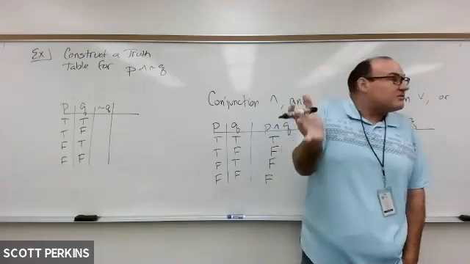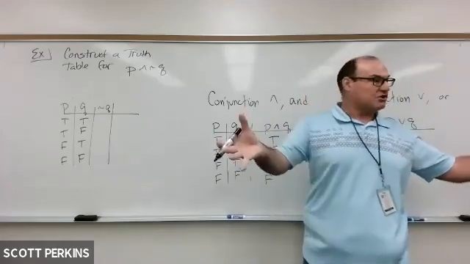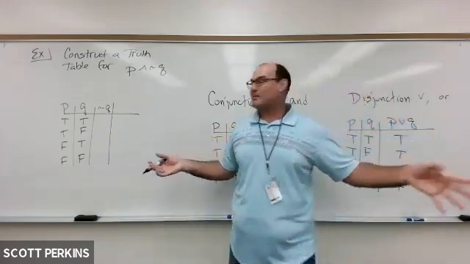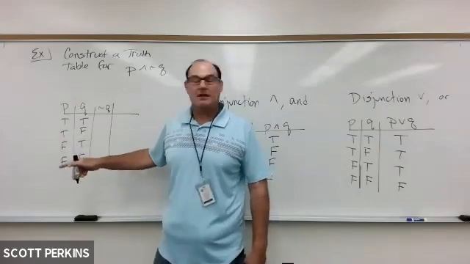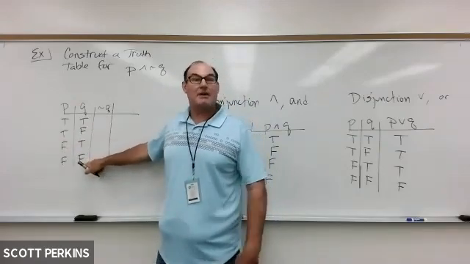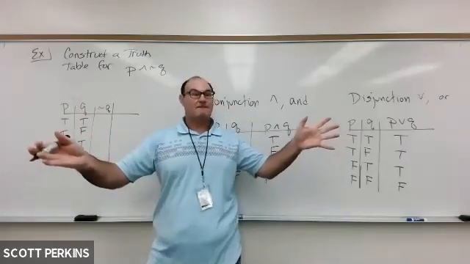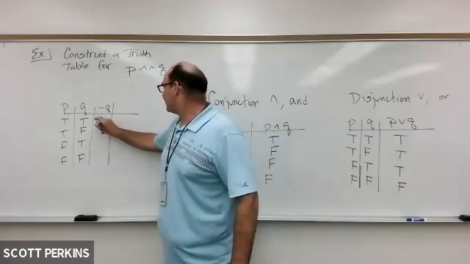You can look at your notes if you need to, but what does the negation do? It just changes it. Whatever the value is, make it the opposite. So I'm going down the Q column and making everything the opposite. So instead of true, true, false, false, the squiggly Q column is going to be false, true, false, true. Yes, exactly.